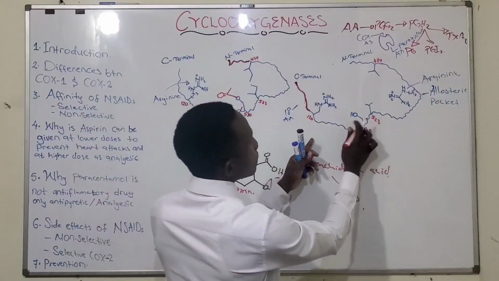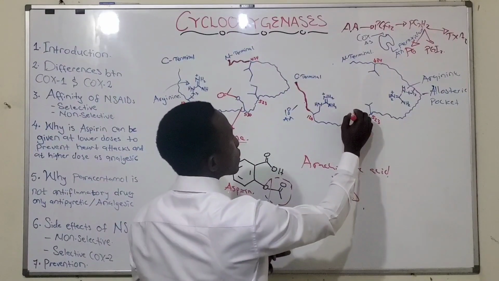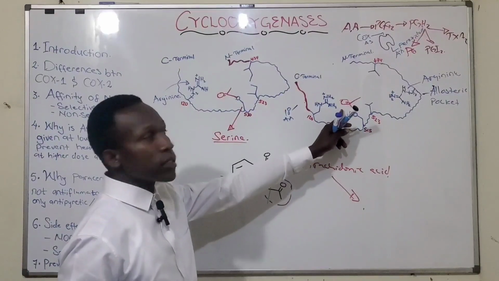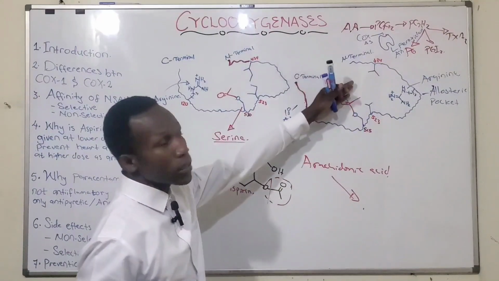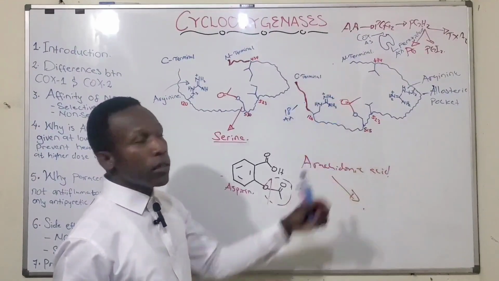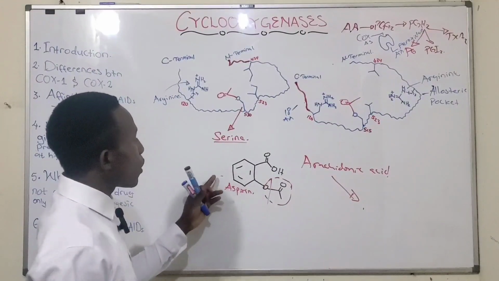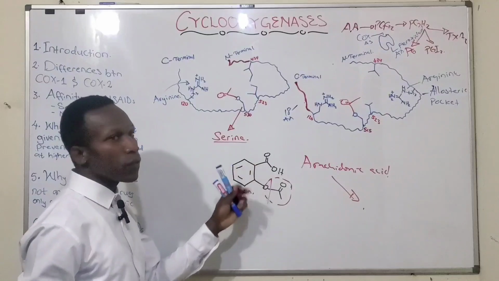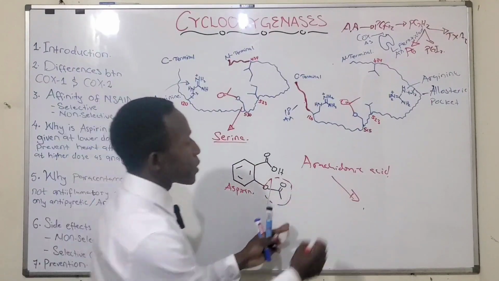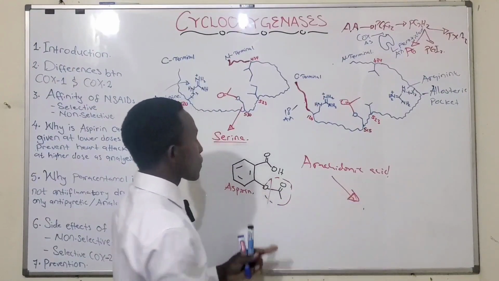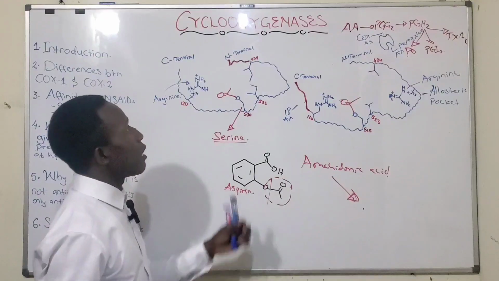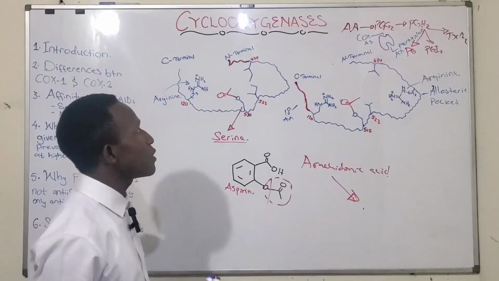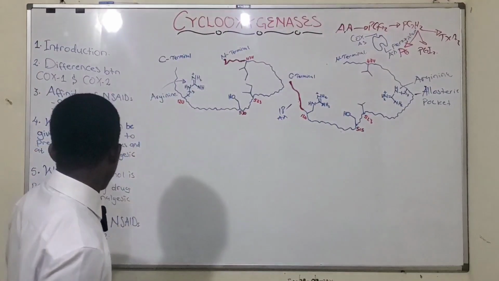It's the same serine here. It is acetylated. After acetylation, arachidonic acid cannot fit to form other prostaglandins. That's how aspirin permanently leads to the inhibition of production of prostaglandins, and it's the only NSAID which permanently inhibits the cyclooxygenases.